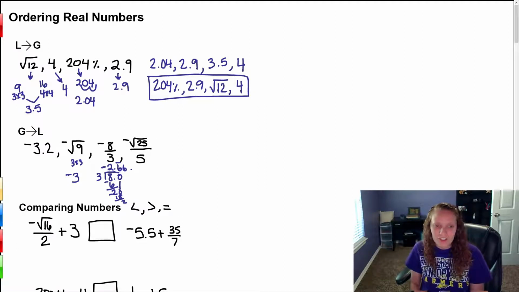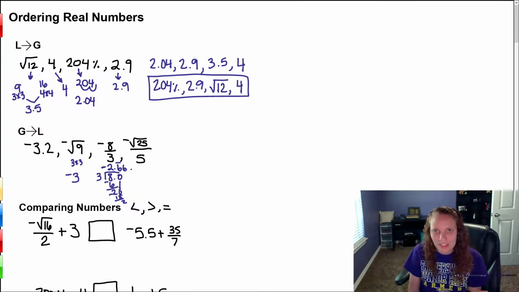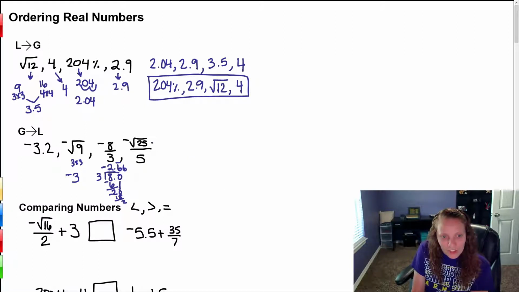Now, the negative square root of 25 over 5. We need to simplify the negative square root of 25 first. Well, we should know that the square root of 25 is 5, because 5 times 5 is 25. And then there's a negative sign, so I'm going to put a negative out in front, over 5.